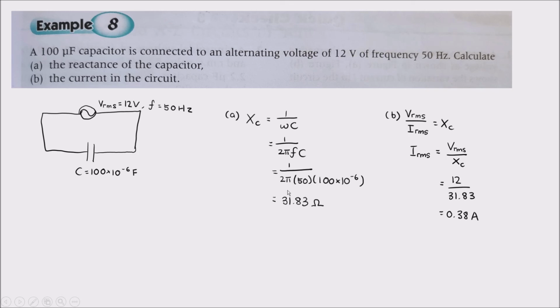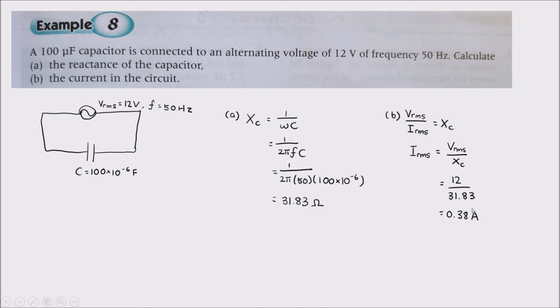You'll notice that this XC will be smaller than this value, most probably half of it. Then if you sub in half of 31.83, you'll find that the current will be twice 0.38, so it will be 0.76. Do you notice that bringing up the frequency causes a greater amount of RMS current to flow through the circuit?